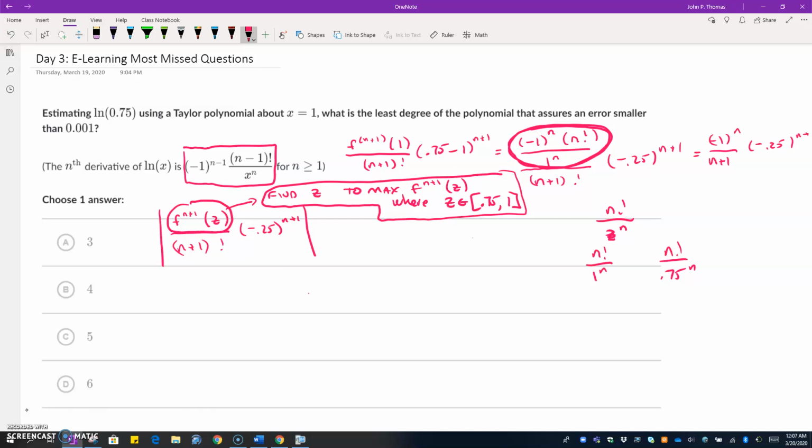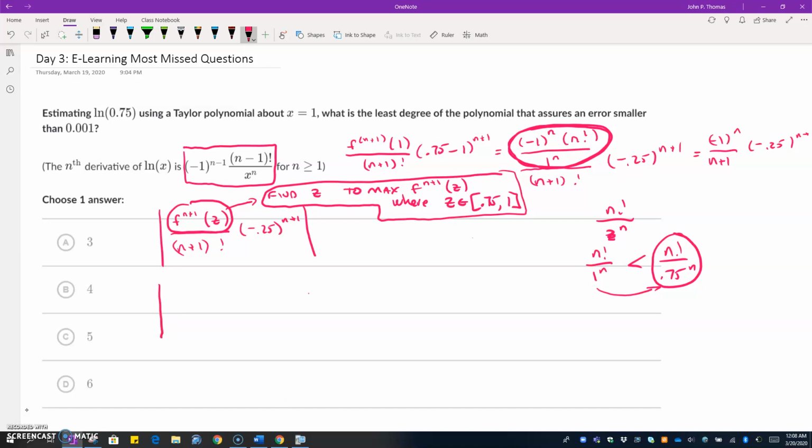So I'm going to be dividing by a number that's less than 1, so that's going to force that to be bigger. Now, if we consider as we transition from 1 to 0.75, we're going to see that we would progressively create bigger and bigger numbers. Right? So this is actually where our largest value is going to occur. So I'm going to bring that value back in, and I'm going to use that value for the n plus 1 derivative at z.